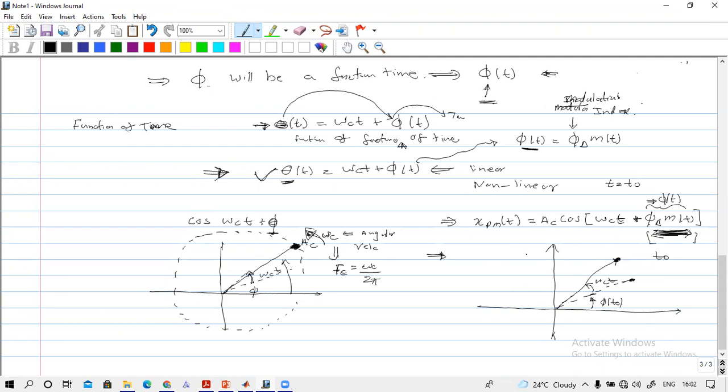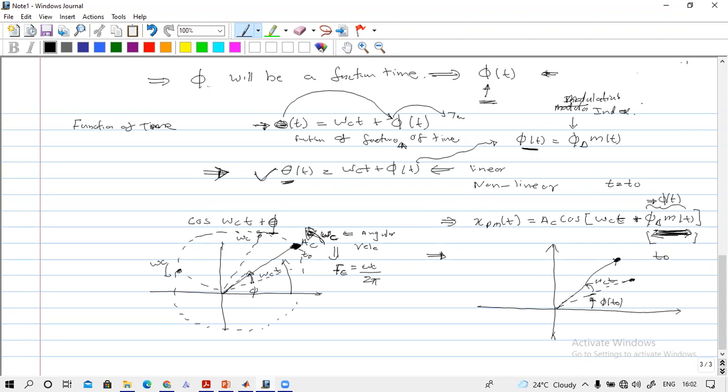Very important thing is the velocity of this point is omega c at this time instant, let's say t naught. It is not changing, no? If we consider another time point here, again the velocity is omega c. If you consider this point, again that point's velocity is omega c.